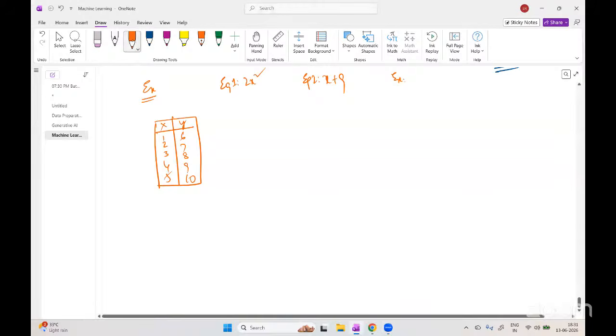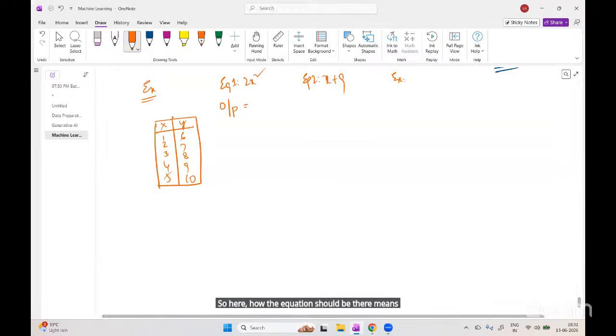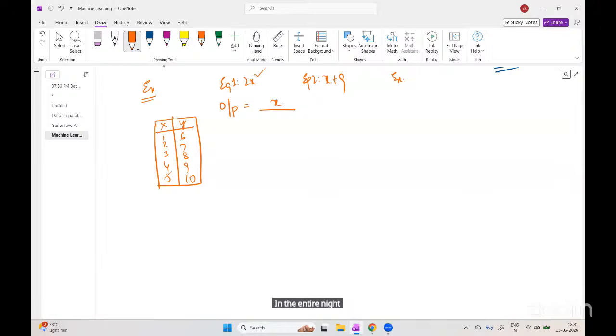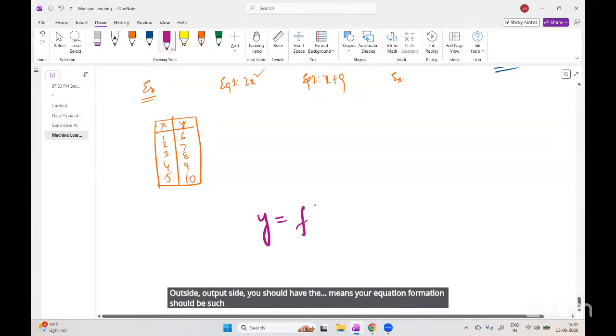Here, how the equation should be: your output should be on the left side, and the right side should have only the input column variable. Your equation formation should be such that y is equal to f of x.